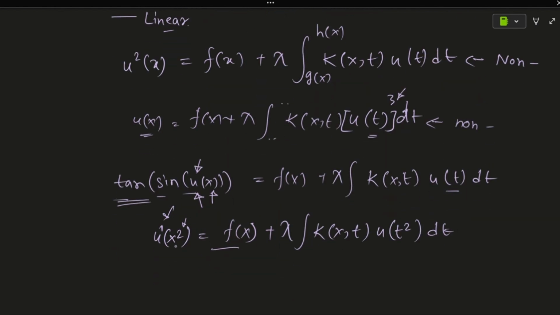No matter what the variable is, if the degree of the function itself is not equal to 1, then it's called a nonlinear integral equation. But if the degree is 1, then no matter what the variables are, it's just a linear integral equation.